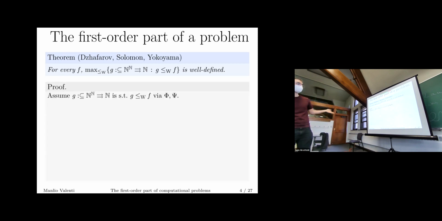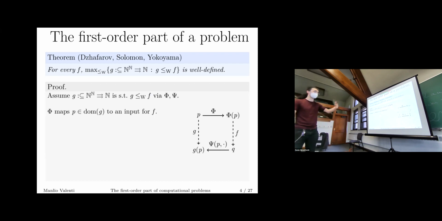Well, okay, so let's try and prove it. Fix G with codomain N and assume that it reduces to f via two functionals, phi and psi. This is the picture I showed you a moment ago of a generic reducibility. Nothing really weird is going on up to now. By definition, phi has to map an input P for G to an input for f.